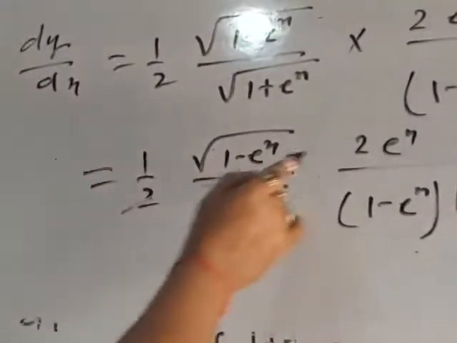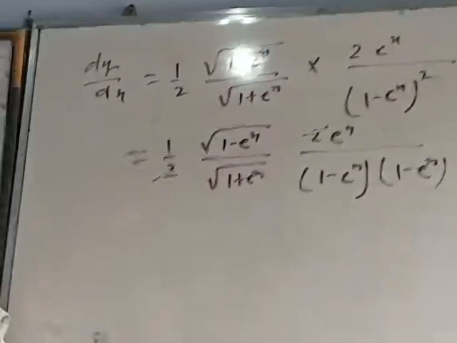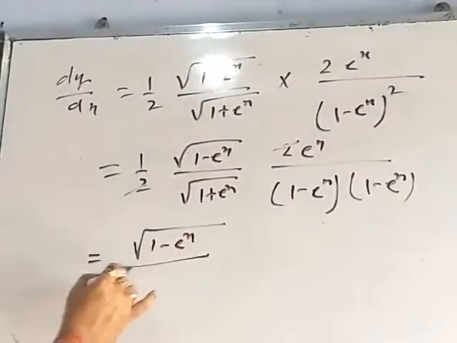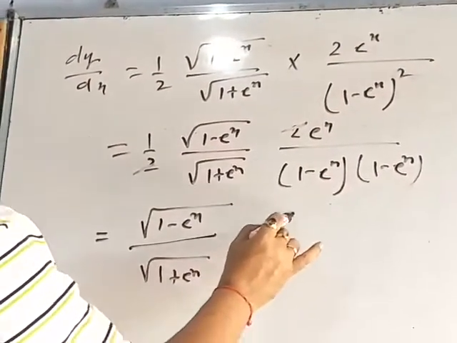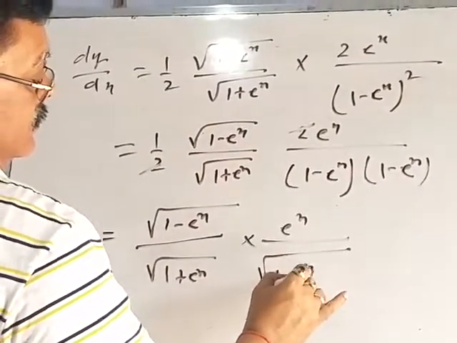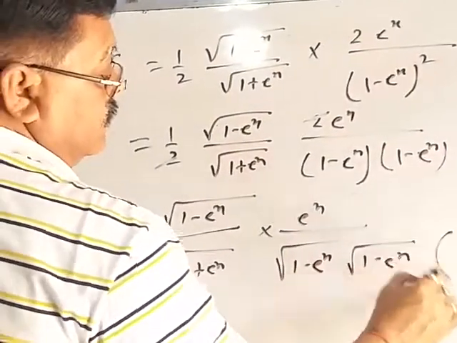So 2 to cancel, student, it will be 1 minus e power x, e power x. This one is written as root under 1 plus e power x, into e power x.